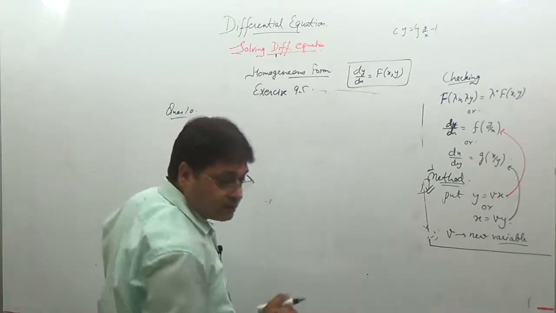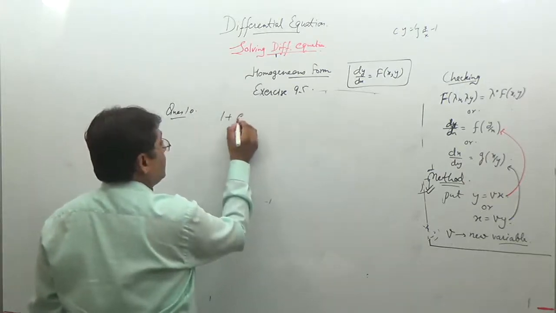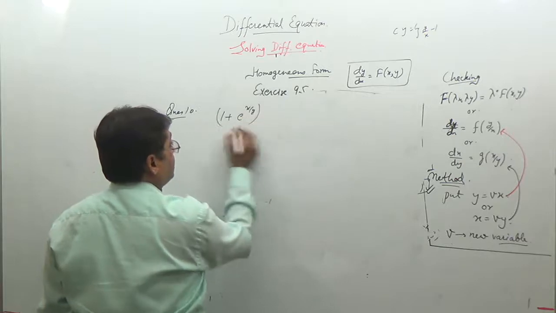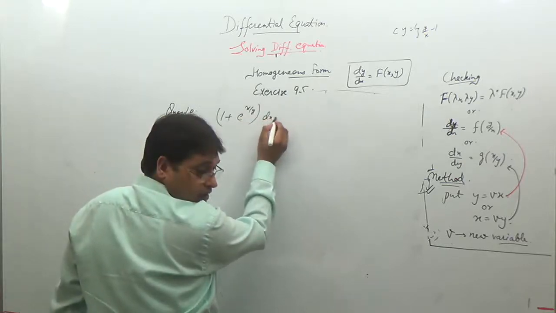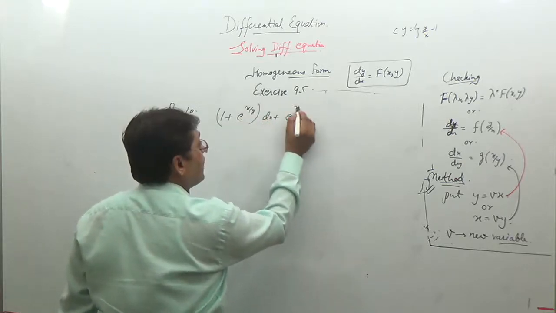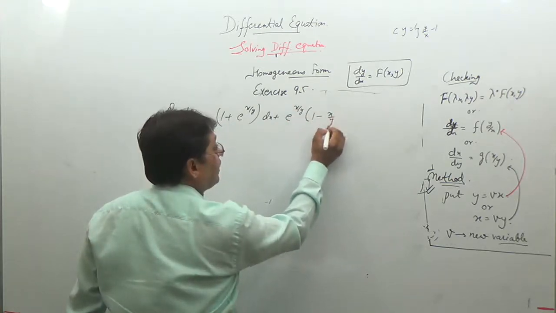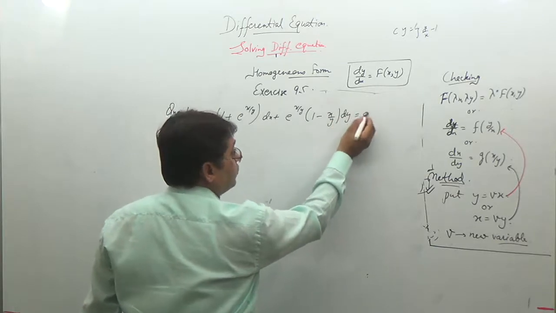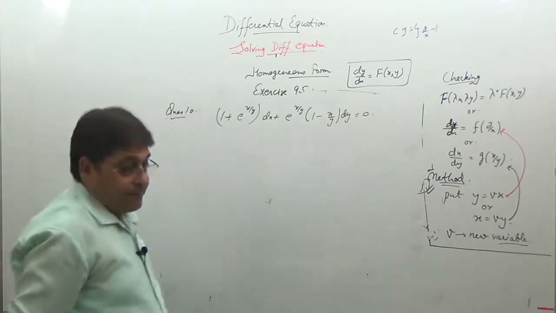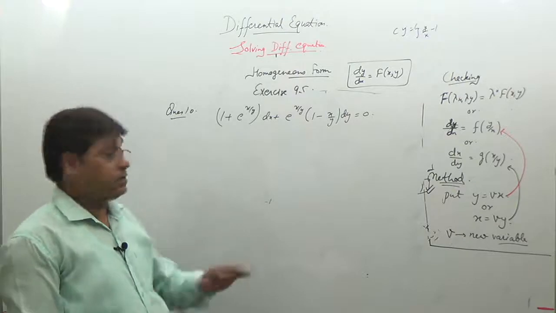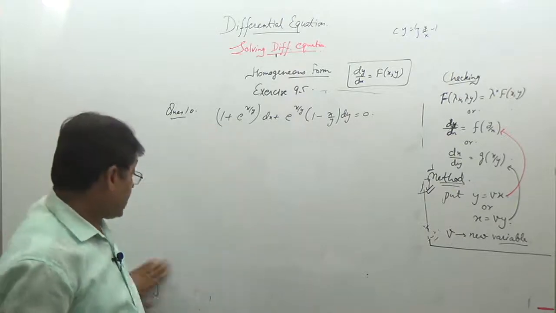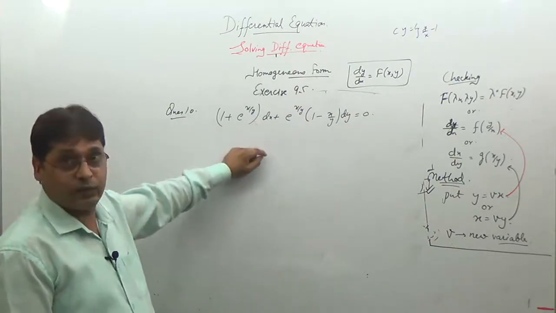Question number 10th is 1 plus e raised to x upon y within bracket into dx plus e raised to x upon y bracket open 1 minus x upon y into dy is equal to 0. Right? Now it can be seen that there is x upon y written in the question.